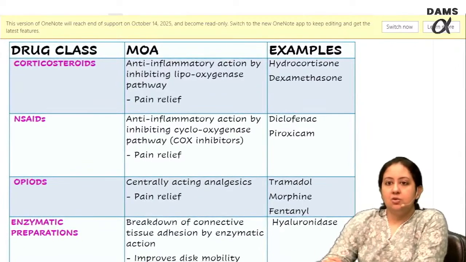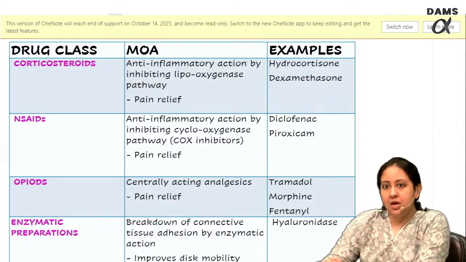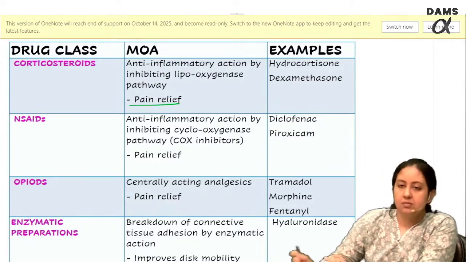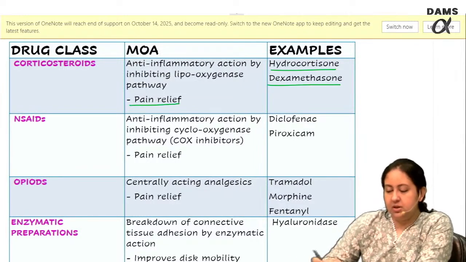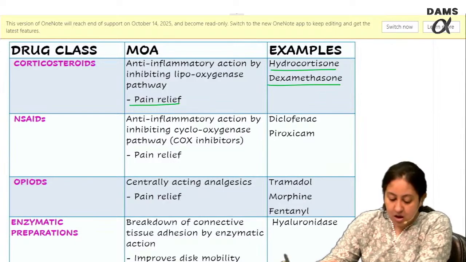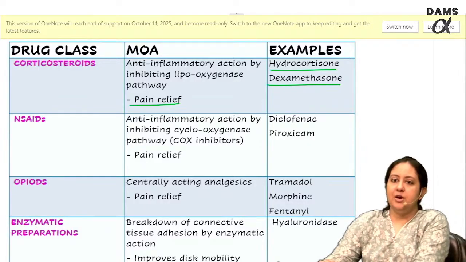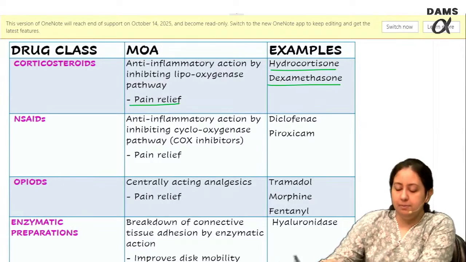Corticosteroids: the mechanism of action is anti-inflammatory by inhibiting the lipooxygenase pathway, and it causes pain relief. The examples are hydrocortisone and dexamethasone. The next type of drugs that you can introduce in the joint are NSAIDs. These are also anti-inflammatory, but they inhibit the COX pathway and they also provide pain relief.